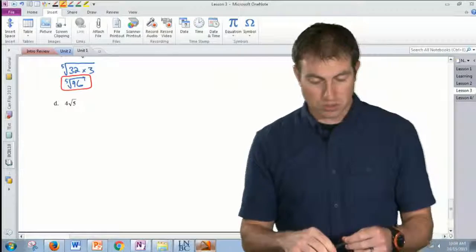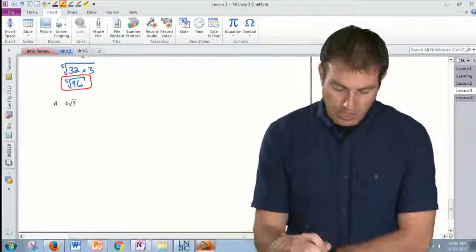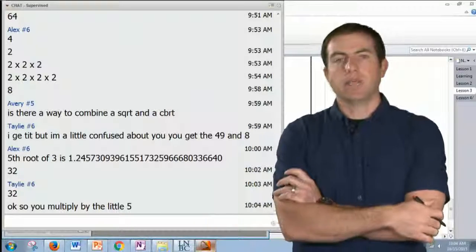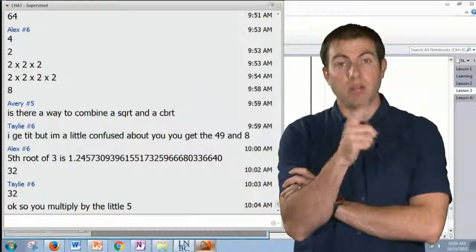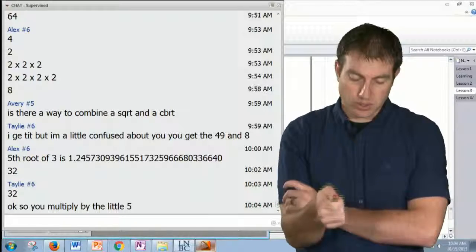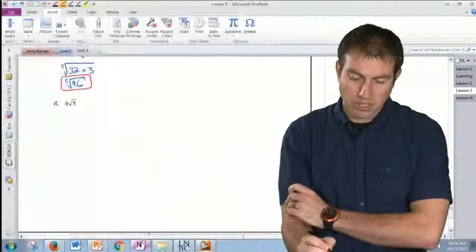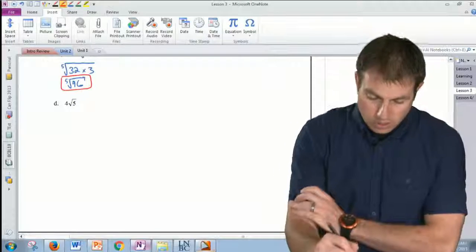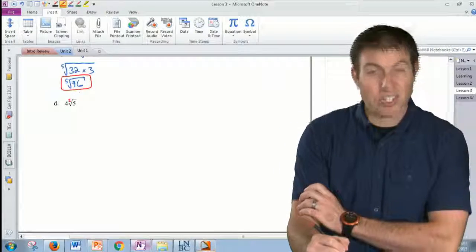Taylor asks, so you multiply by the little 5. I guess if you want to think about it that way, that would work actually. You can multiply the thing in front by whatever's in front of the radical sign. The only thing you're going to run into is, with something like the square root of 5, we don't actually write a little 2 in front, but there is a 2 in front.